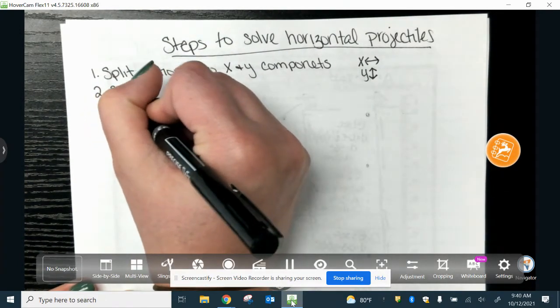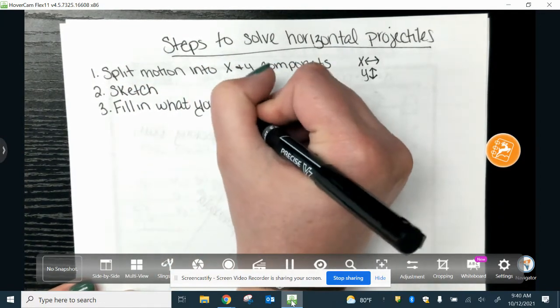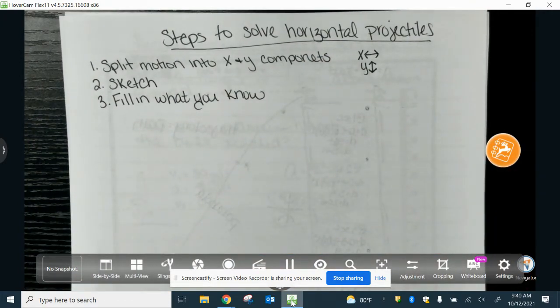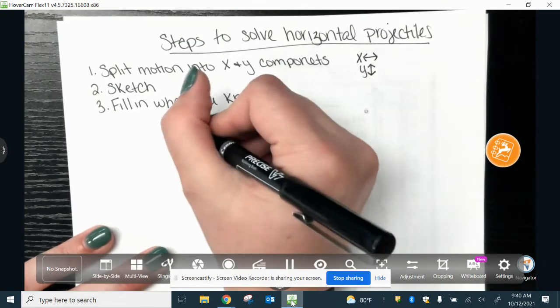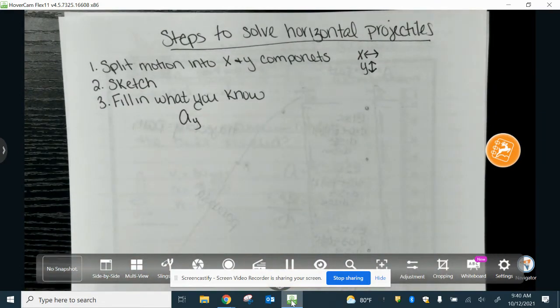And number 3, fill in what you know. We've been doing acceleration now for a couple weeks, so there are some things that you know, even though you don't think you know. For instance, what is the acceleration of any object on Earth in the up and down direction, in the y direction? 10, right? 10 for easy math.